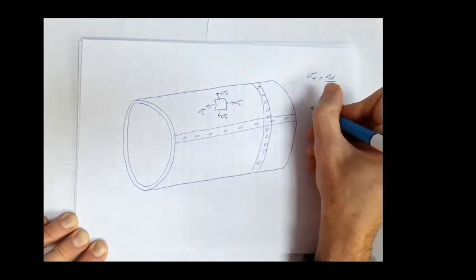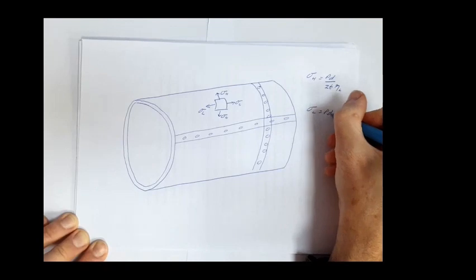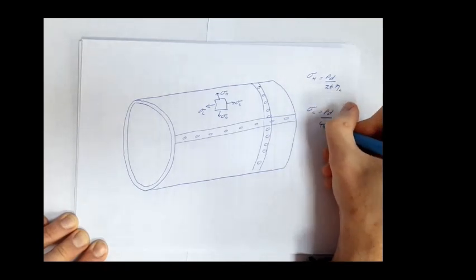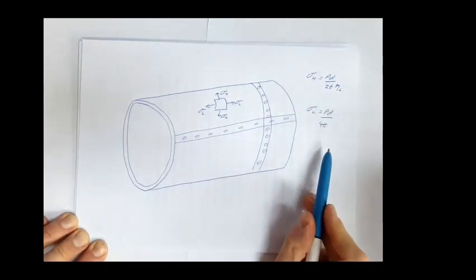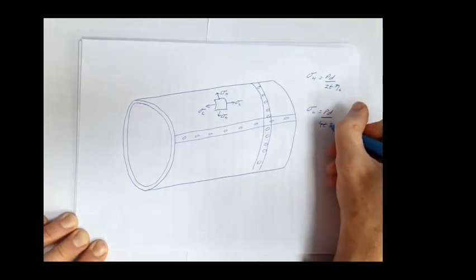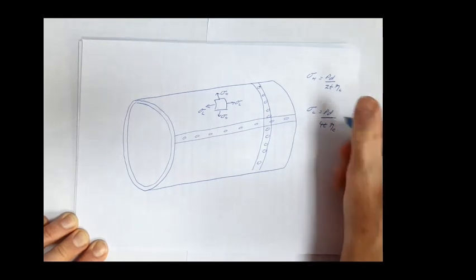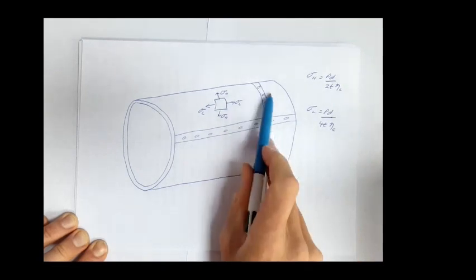So the longitudinal stresses are simply PD over 4T. That was the nominal stress. And then we put on there the efficiency of the circumferential joint, or the hoop joint, which is around here.